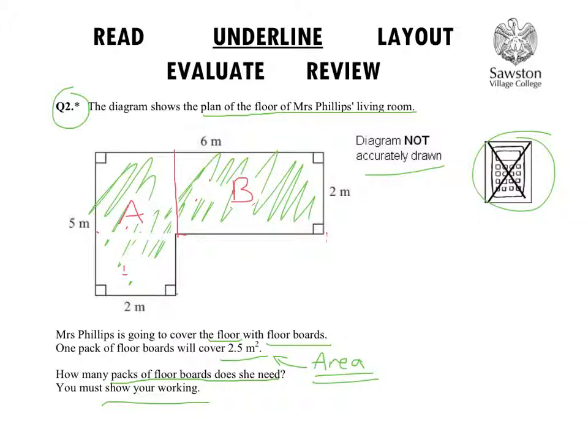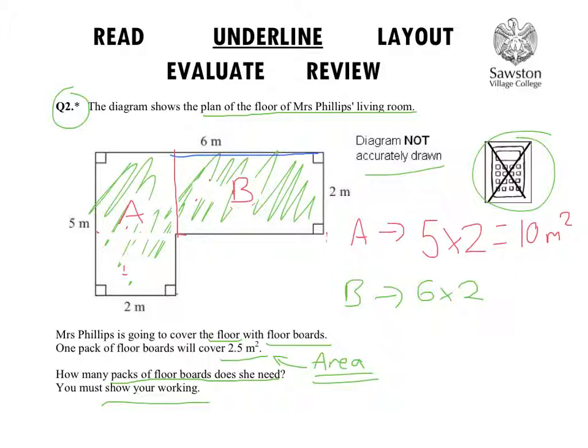Now the advantage of calling one A and one B is that I can work them out clearly, and the examiner knows what I'm doing. So A is 5 times 2 for the area, which is 10 meters squared. B, 6 times 2. In that case, I need to review that, because B is not 6 times 2.